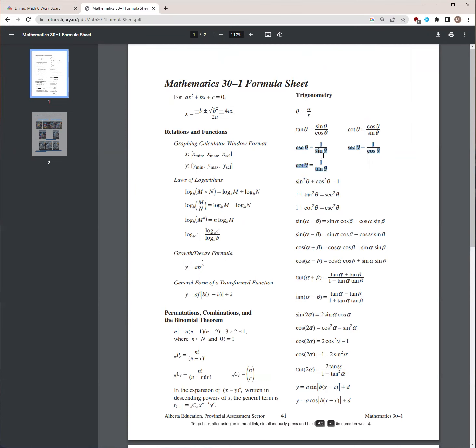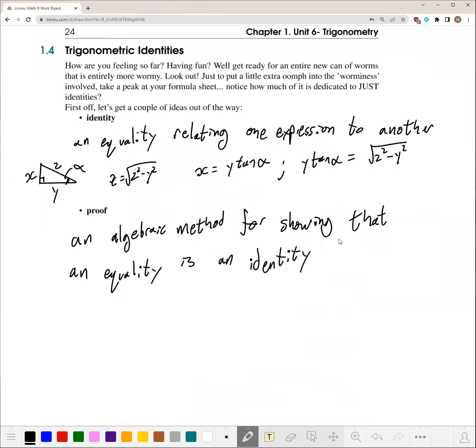And maybe our reciprocal identities. But everything that I've just highlighted, these are trigonometric identities. Half your formula sheet is dedicated to trigonometric identities. So that should be kind of a no-brainer that you're going to need that formula sheet if you want to be successful with this section.